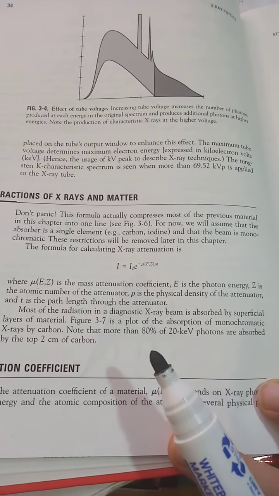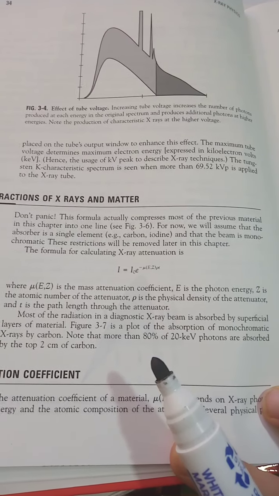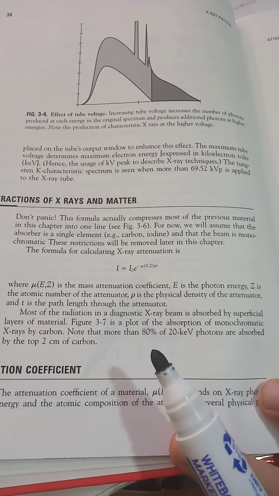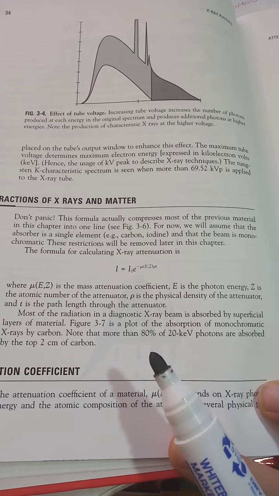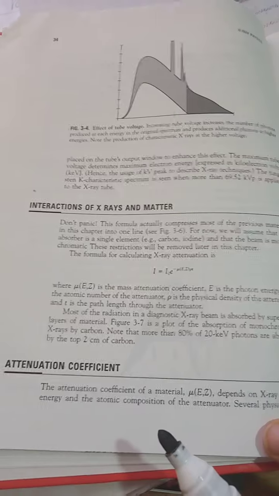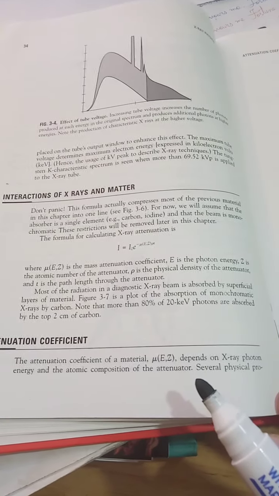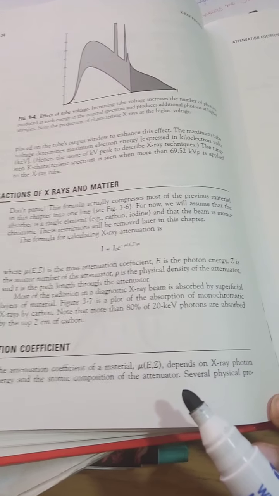Most of the radiation in a diagnostic X-ray beam is absorbed by superficial layers of material, and we'll show you a couple of plots where it is absorbed by the top 2 centimeters of carbon. So the attenuation coefficient of a material depends on X-ray photon energy and the atomic composition of the attenuator.